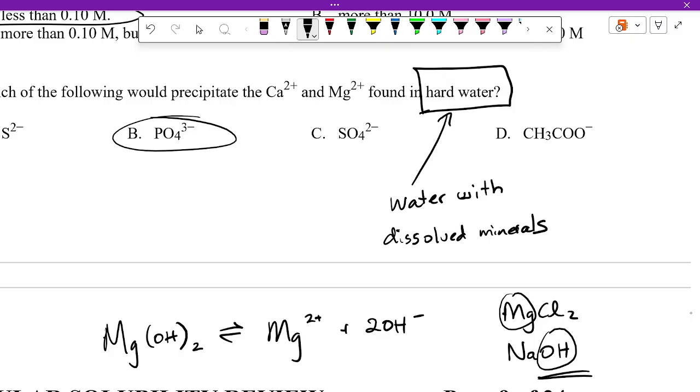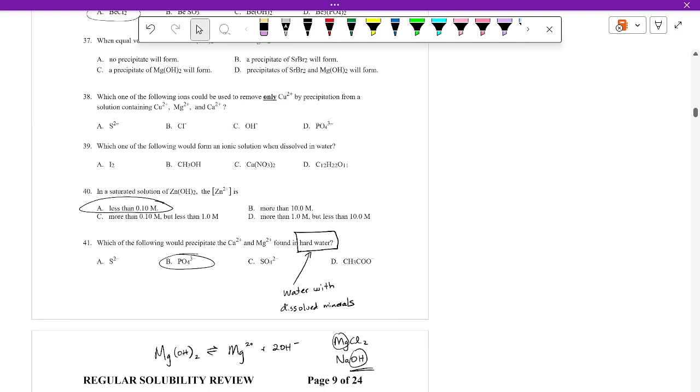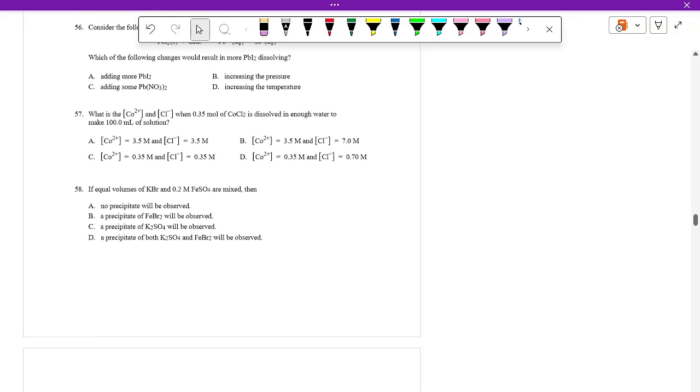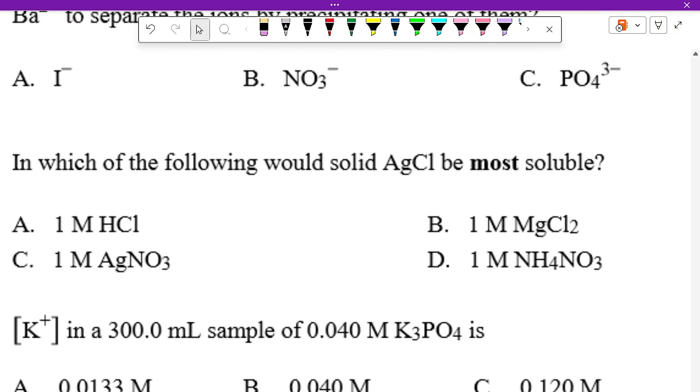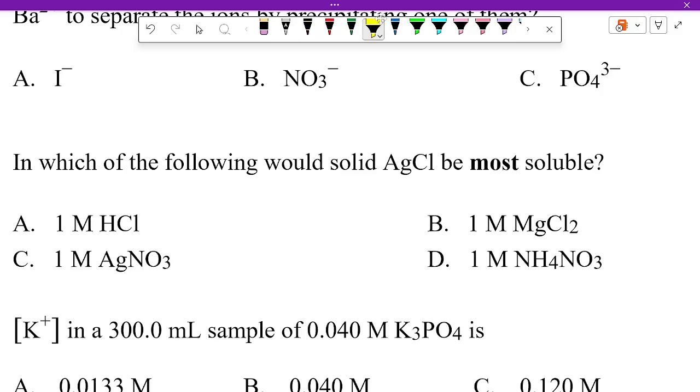Yes? 61. In which of the following would silver chloride be the most soluble? So we're looking for either silver or chloride, which would make it lower solubility.